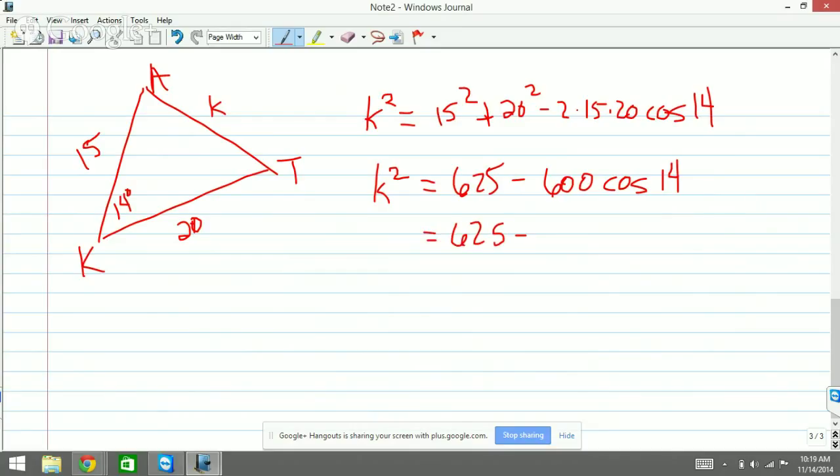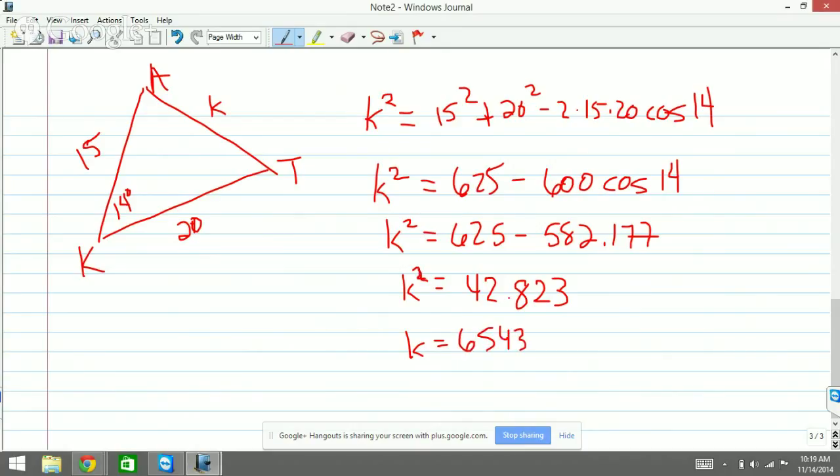So times that by 600, 582.1. Okay, subtract. Minus negative 42.823. That's k squared. Now square root it. We get k equals 6.543.